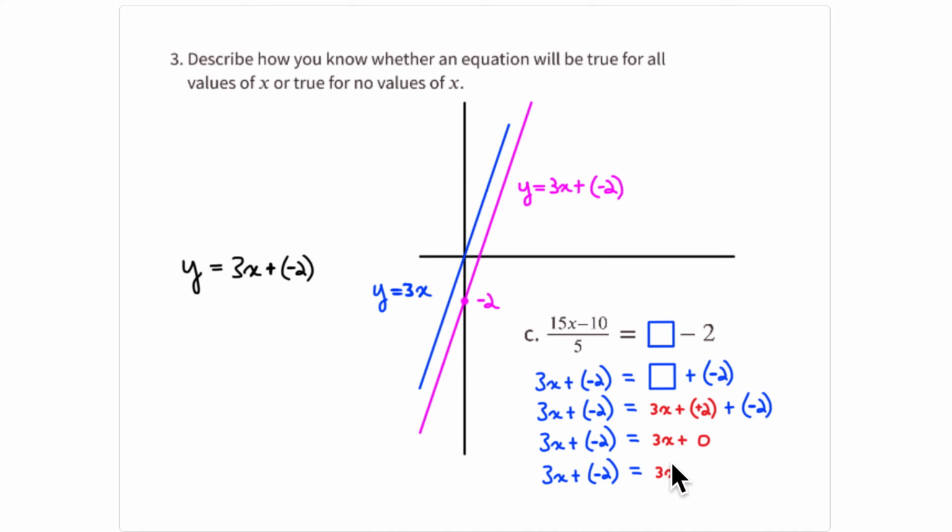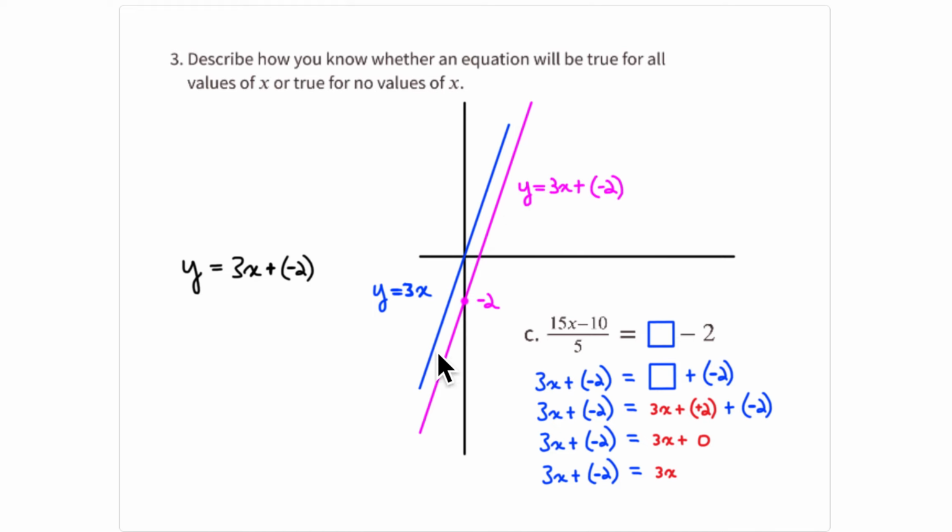So if I take the right side and write an equation for the right side, that's y equals 3x. So I go over 1 unit, up 3. But the pink line, the expression on the left, says, okay, now subtract 2 from that. So that's going to go down 2 units. So this is go over 1, up 3 and then down 2 units to land on this line here.